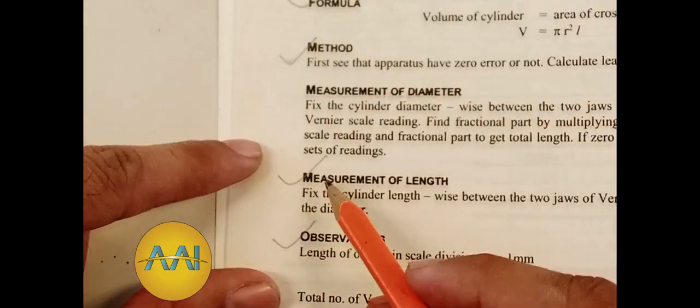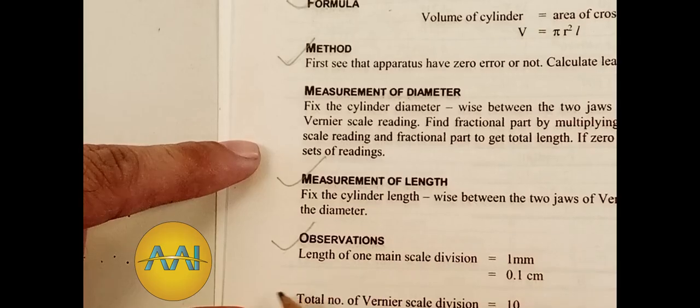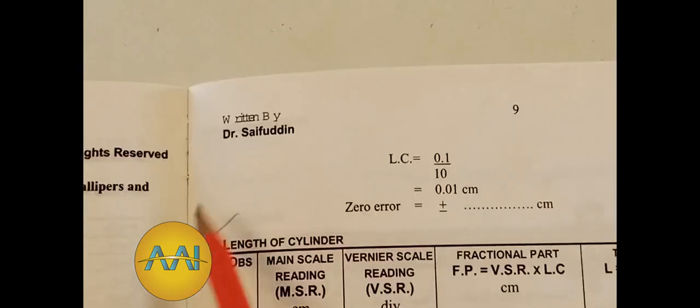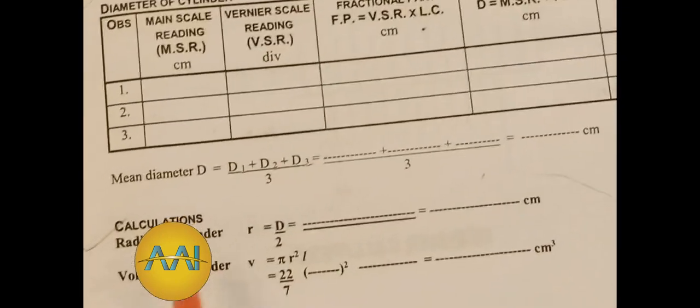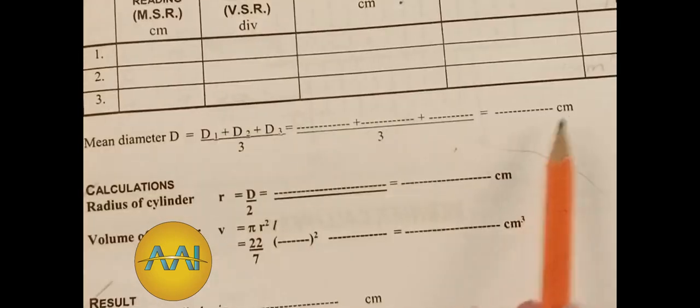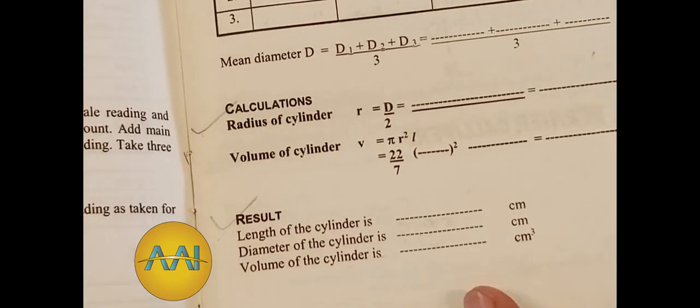You have to write the formula, method, and measurement of length, observation, then this formula, length of cylinder with observation table, mean length, then diameter of cylinder observation table, then mean of diameter, formulas, then calculations, and after that the last thing is the result.